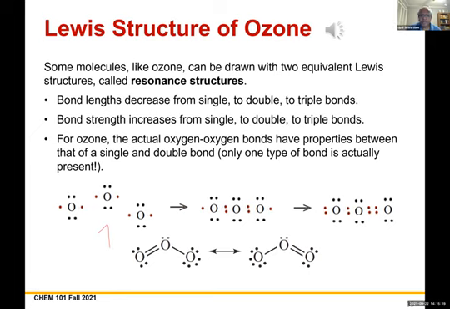The bond distance indicates it has partial double bond character. So resonance structures are needed to describe the real molecule. This happens when you have a choice to put the double bond in 2 different places with the same number of octet electrons, same number of valence electrons, and without changing the position of the atoms. That's called resonance.